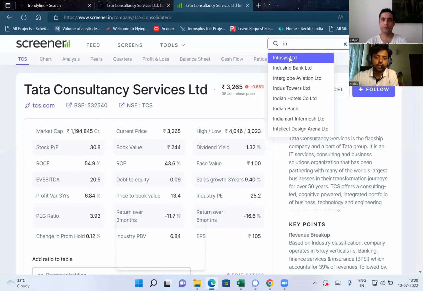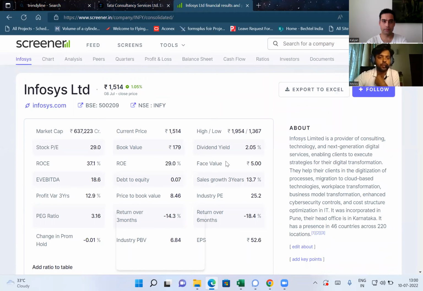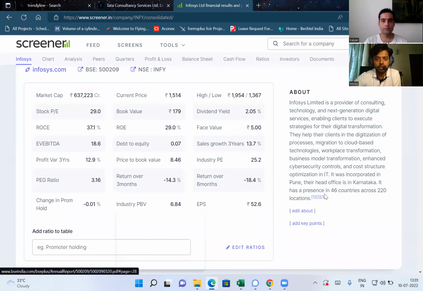You can search any stock here. There is a provision to export it to Excel as well, and you get a brief about the company here: what exactly the company is into, in which services or products. So you can understand more about the business.